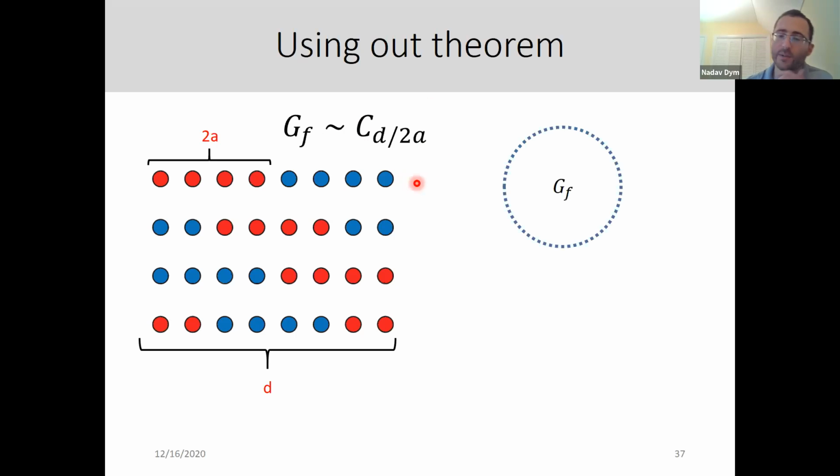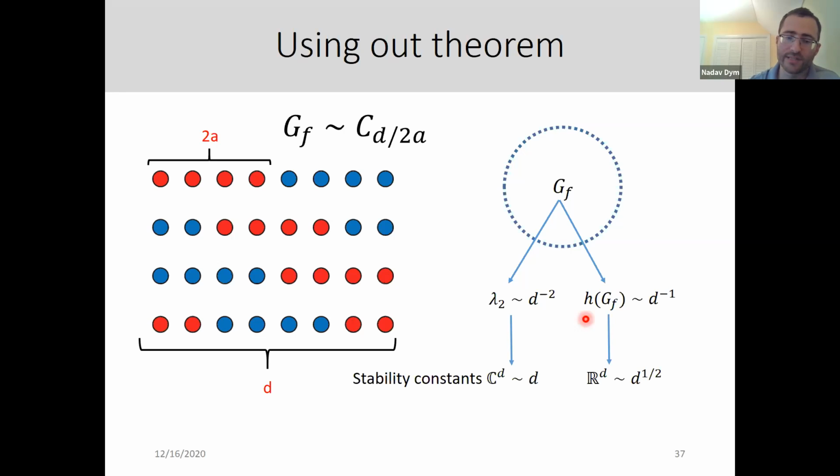When you measure the connectivity, the bound you get for the Cheeger constant is proportional to D to the -1. For algebraic connectivity, D to the -2, we mentioned that, right? So again, it's D over 2A, but A is fixed. And that corresponds to stability constants when you plug these constants into the appropriate theorems, where the constant scales like this to the -1/2, then you get these stability constants.